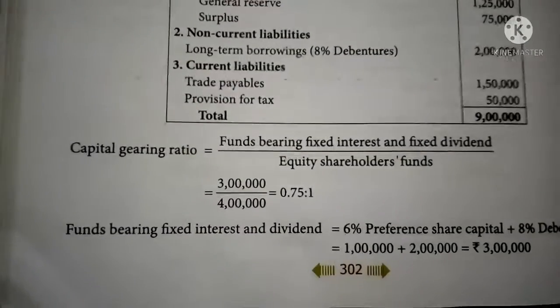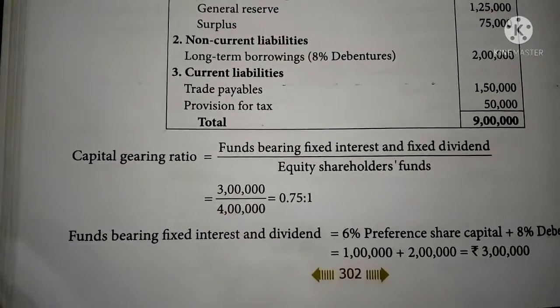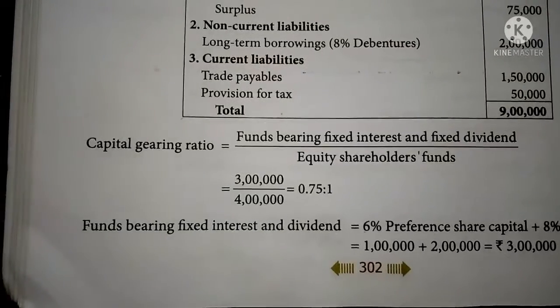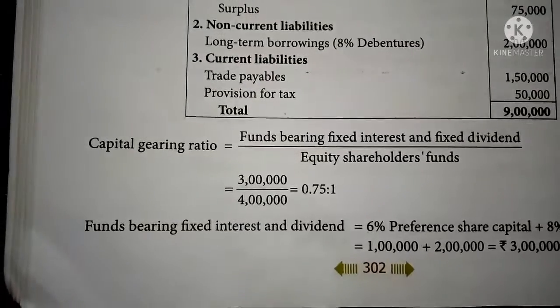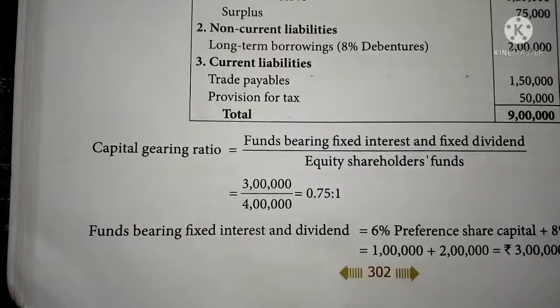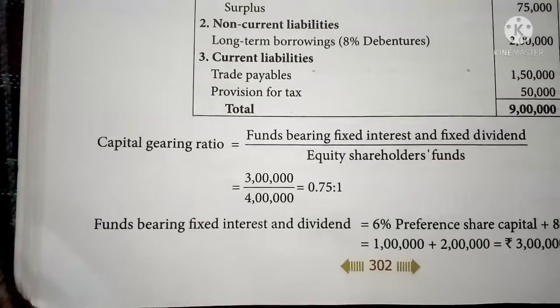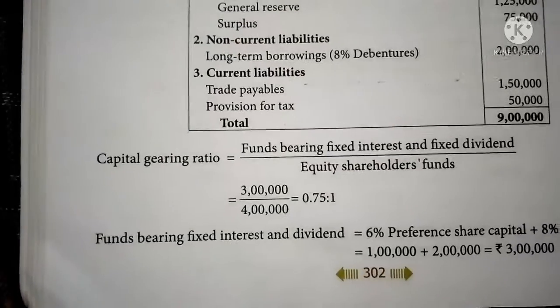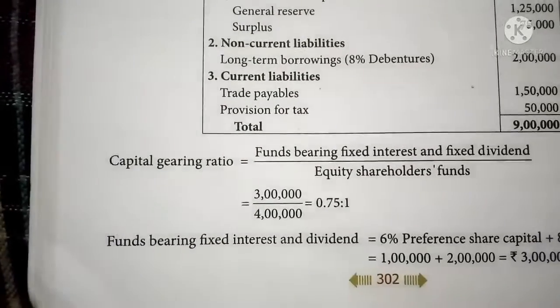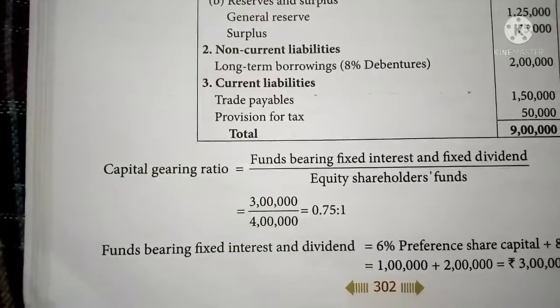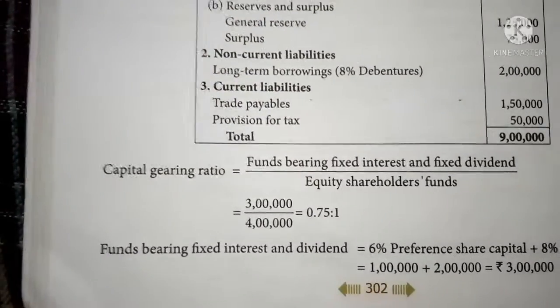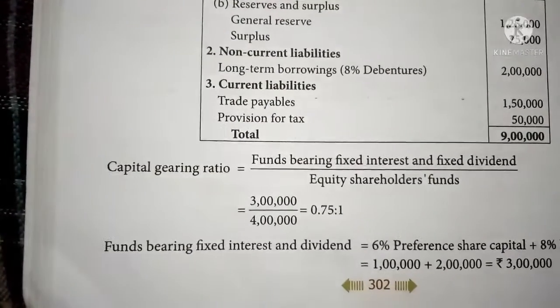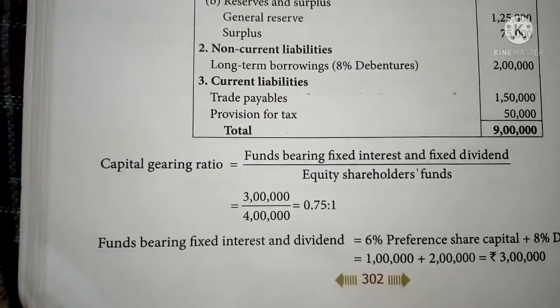Capital gearing ratio is equal to funds bearing fixed interest and dividend by equity shareholders fund. We already found the funds bearing fixed interest and fixed dividend, that is 3 lakh, and equity shareholders fund is 4 lakh. So 3 lakh by 4 lakh. Simplifying it, the proportion will be 0.75:1.